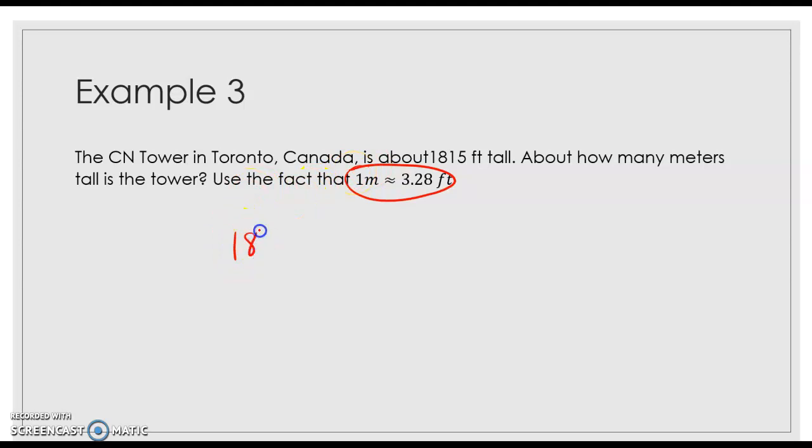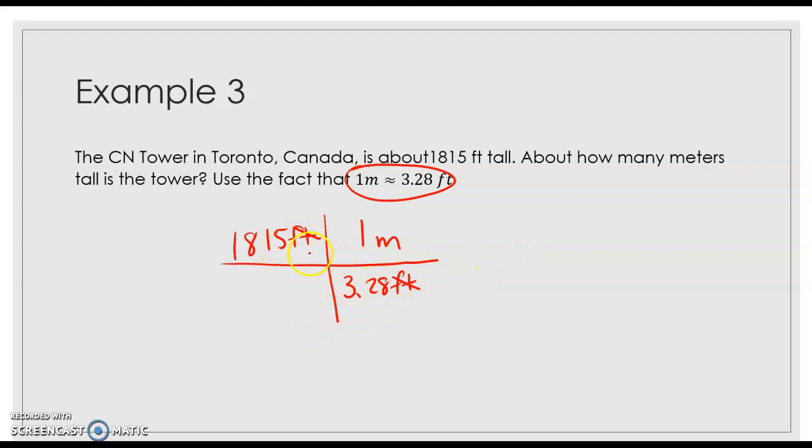I know that 1,815 feet tall is the building. And then I know my feet need to go in the opposite corner. So 3.28 feet and 1 meter is on the top. The feet cancel out. And so now I'm going to do 1,815 divided by 3.28.